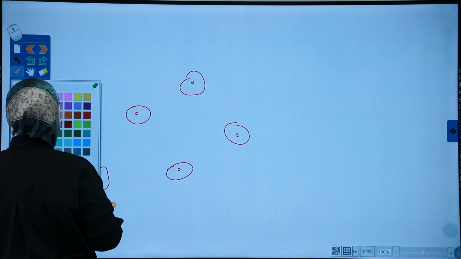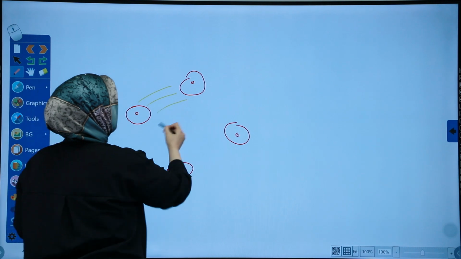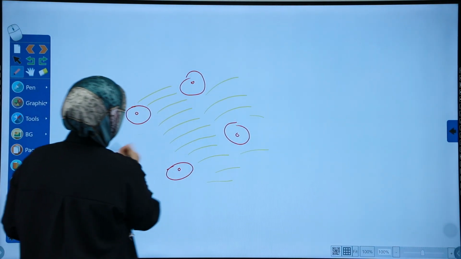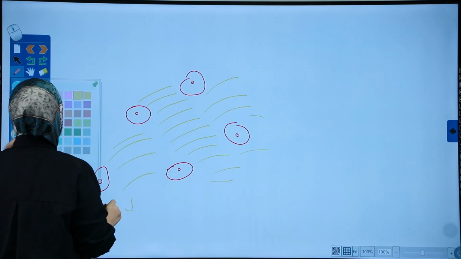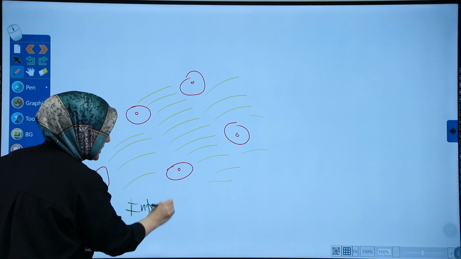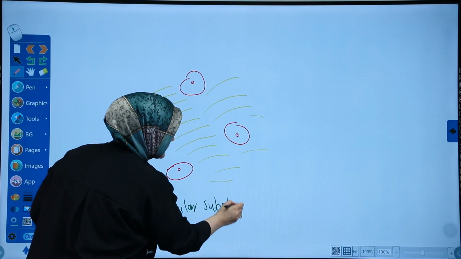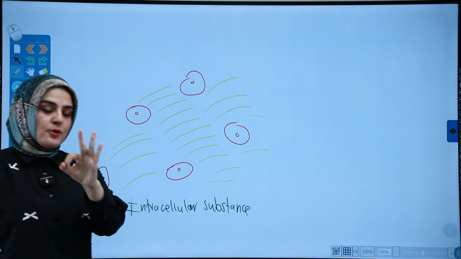So in between, we have something that is filling the space. That is made of a material, of a substance. Since it's between cells, we call it, let me change the color, intracellular substance.